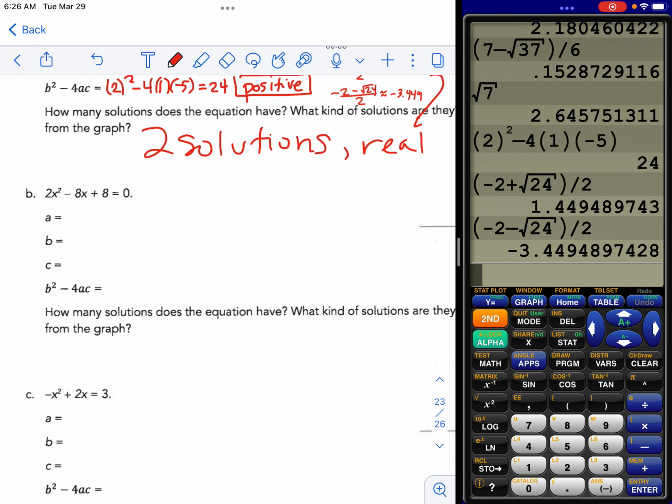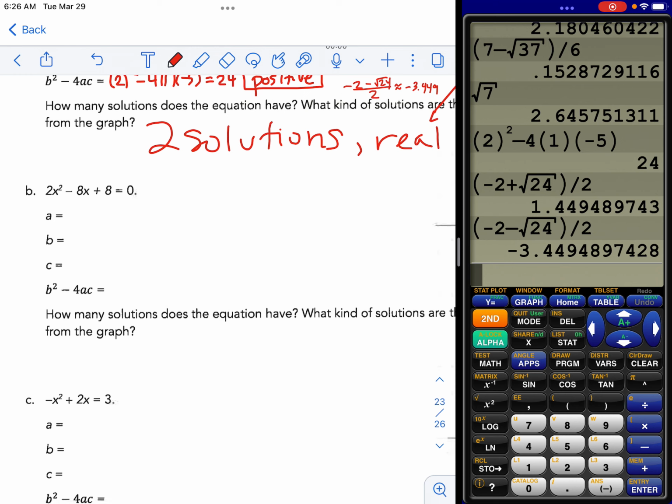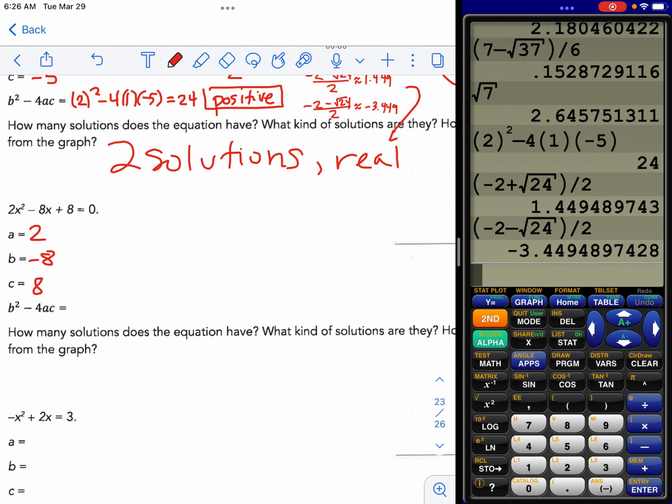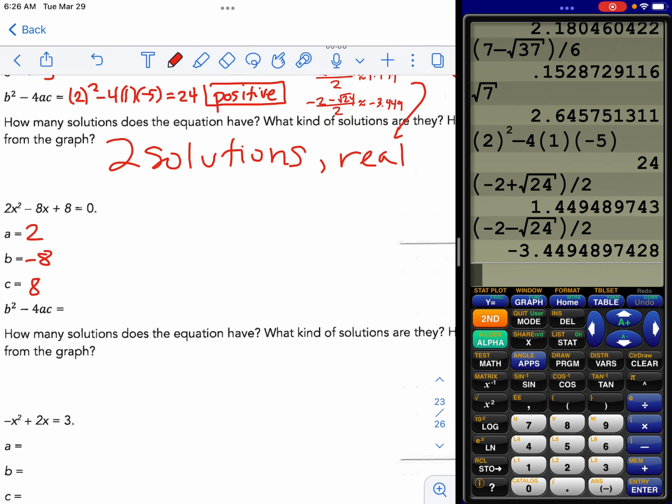Okay, so compare that to this next quadratic, where a is 2, b is negative 8, and c is positive 8. We set up the quadratic formula: opposite of b, that's 8, plus or minus the square root of negative 8 squared minus 4 times a times c, all over 2 times a.